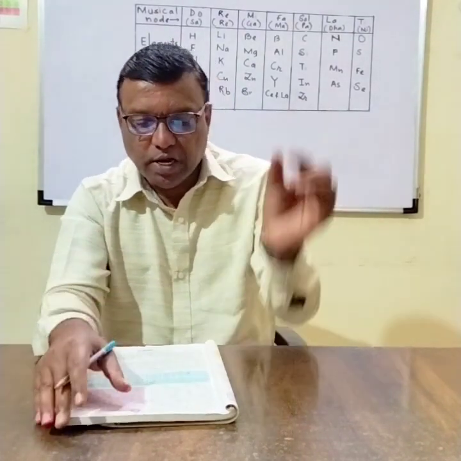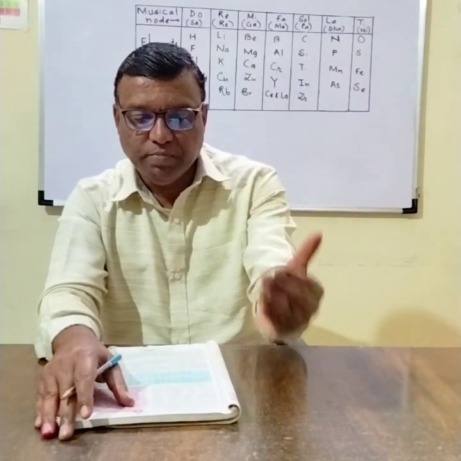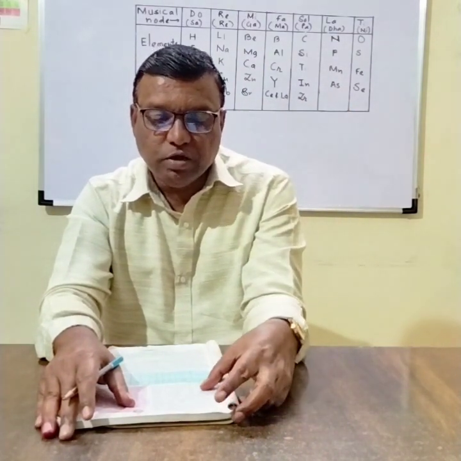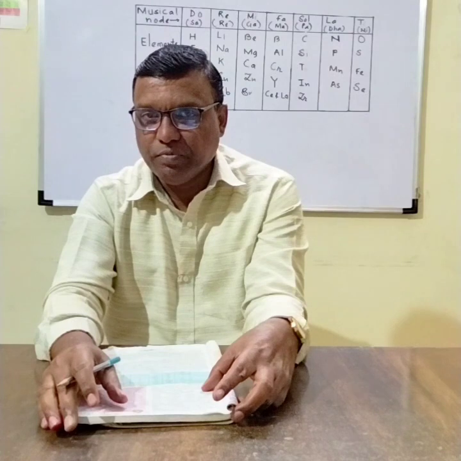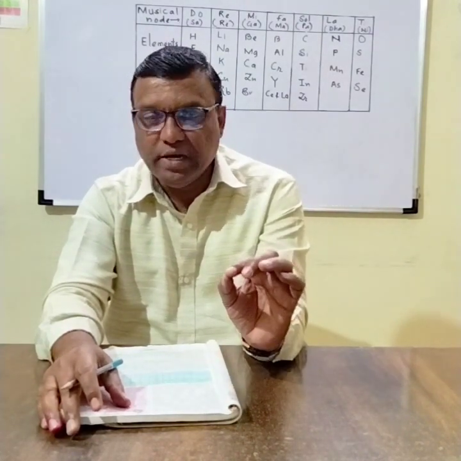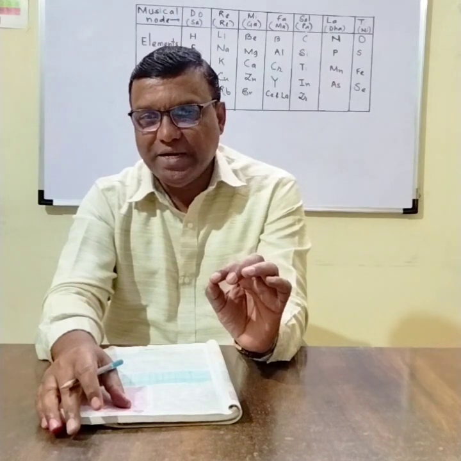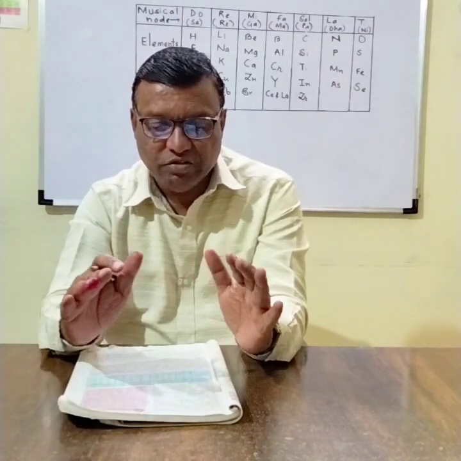Chlorine shows similar property with fluorine. Chlorine is here under the note of sa. So this was the finding of Newland that we have seen. He found that the properties of the eighth element and the first element were similar.